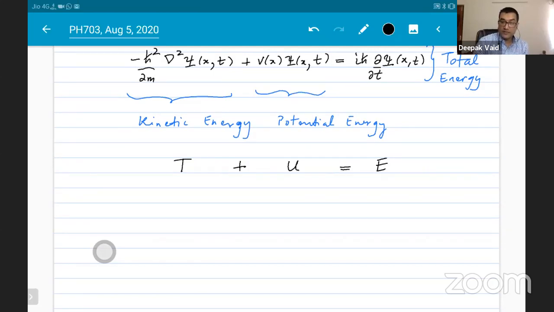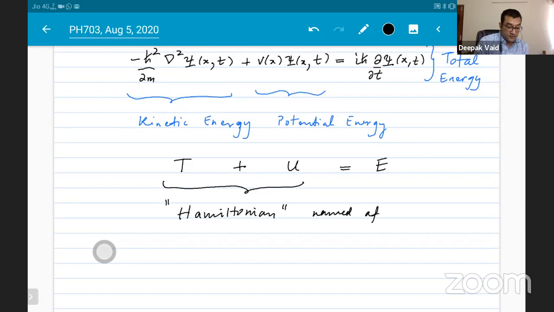The kinetic plus the potential is equal to the total energy. The kinetic plus the potential is also known by a different word. It's called the Hamiltonian. It's named after a guy named Hamilton, right? So it's called the Hamiltonian.